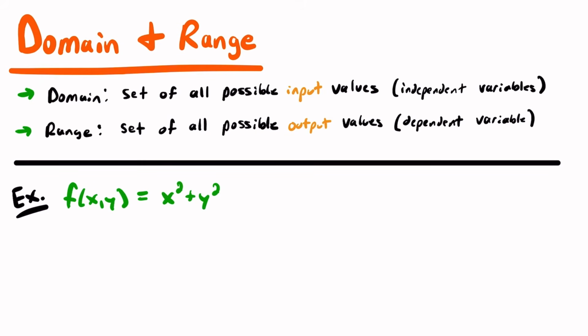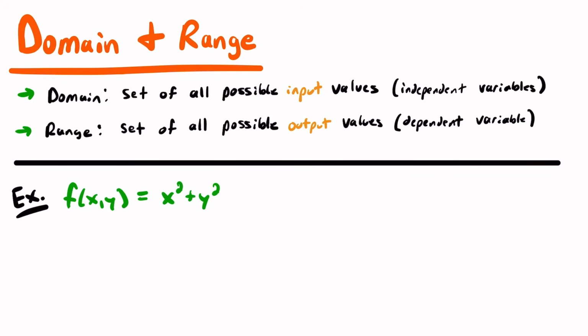When you want to determine the domain of a multivariable function, such as f of xy equals x squared plus y squared, you want to be thinking about, are there any values for the independent variables that when I plug them in cause a problem? So this would be things like having a denominator of 0, or having a negative number underneath a square root or inside a logarithm. Things like that.